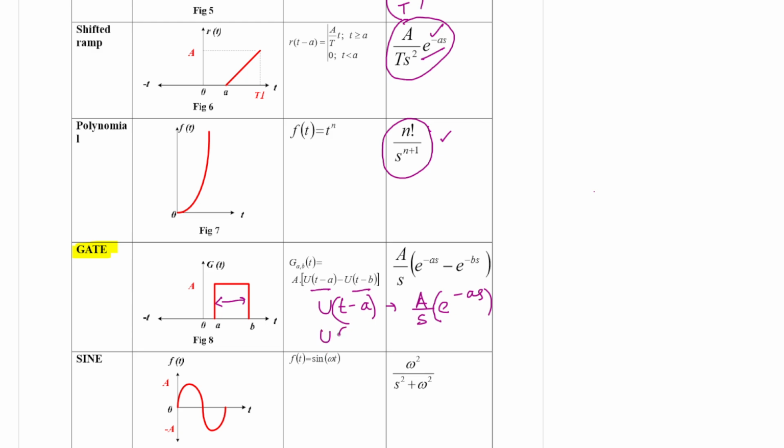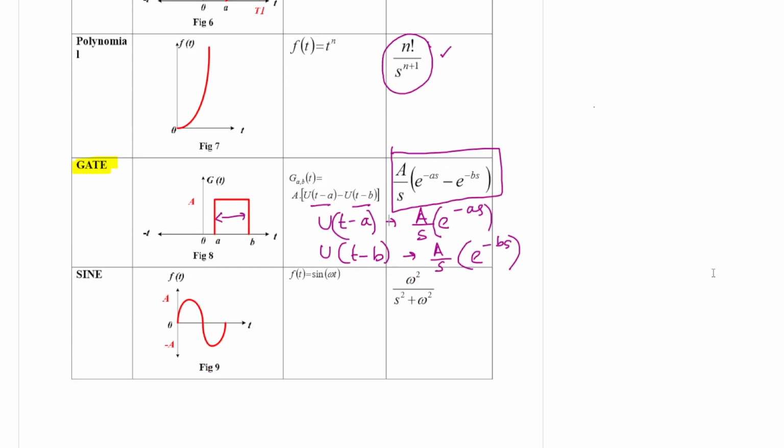And similarly u(t minus b) will have a similar expression, A by s, multiplied with e to the power minus bs. So the Laplace transform of the gate function will be A by s into (e to the power minus as minus e to the power minus bs). So that is a straightforward formula for the gate function.